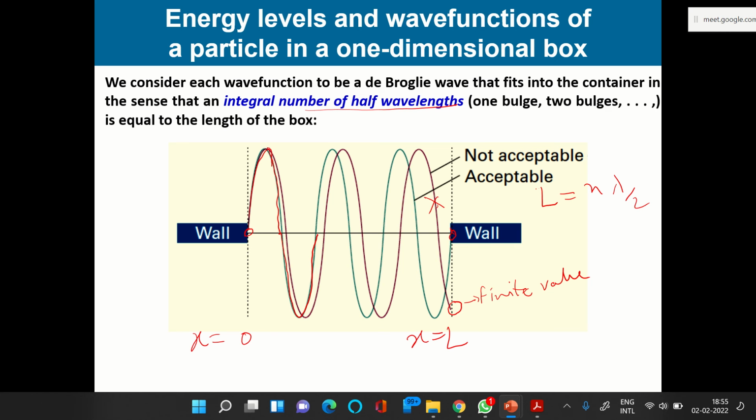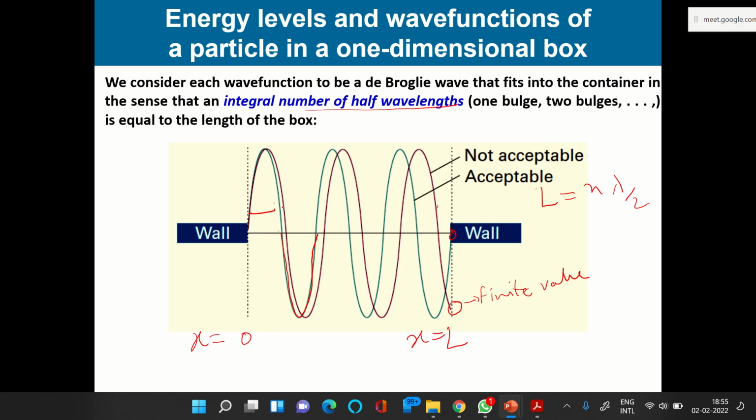So you are fitting like in this particular form, you can see when it is lambda by 2, only then at the two ends you are having 0 value. देखिए 0 तभी होगा जब lambda by 2, ये एक लेंथ है.